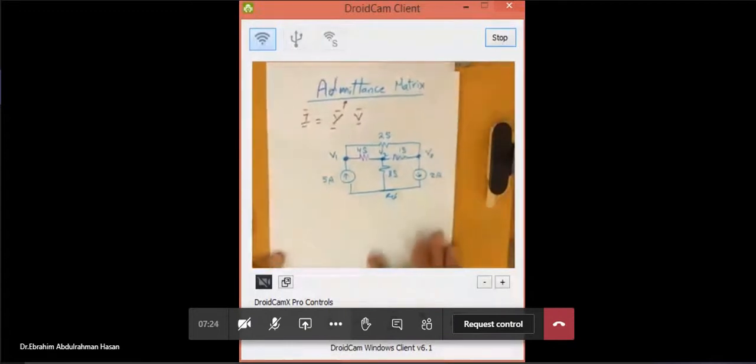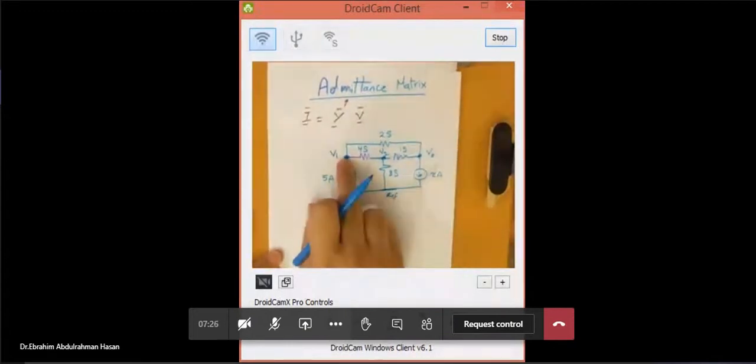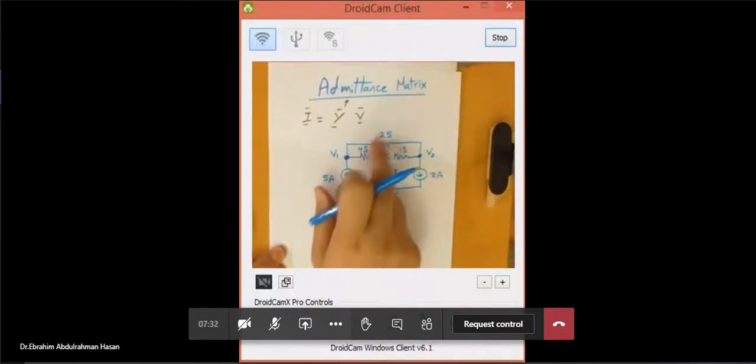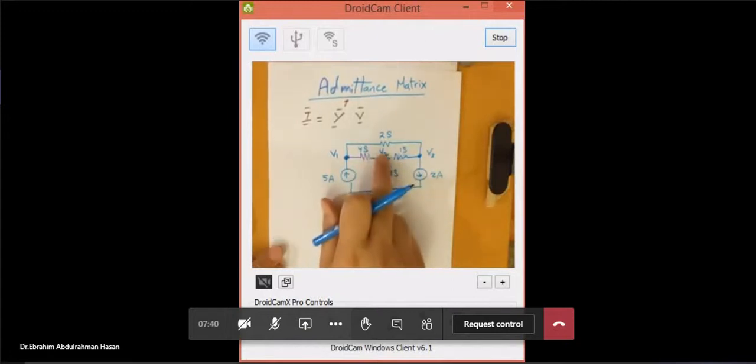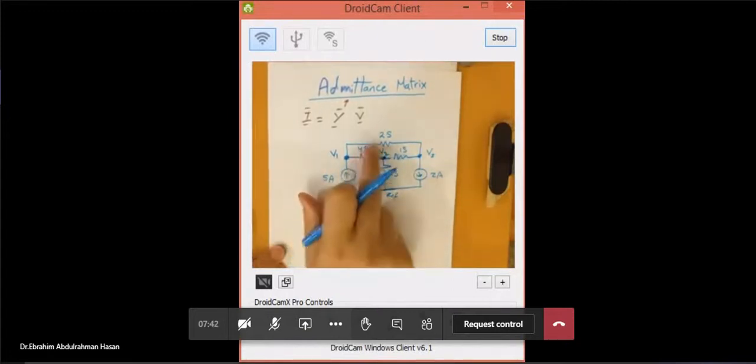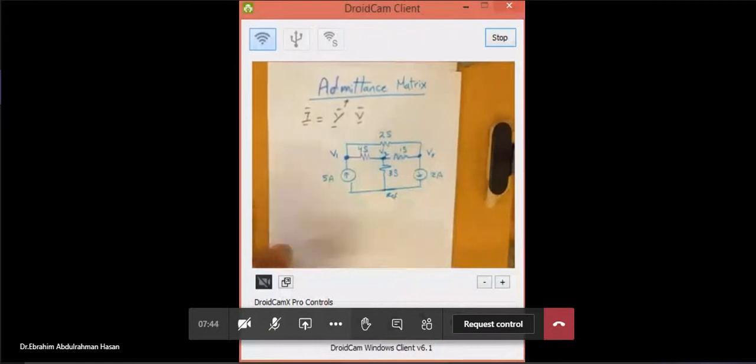Okay, how to write nodal analysis? We go here. We say that the total admittance connected to this node, this 2, multiplied by V1, minus the common with the others. So this is common with 2, and this is common with 3, equal to the current entering, 5. Let's write it in shortcut.